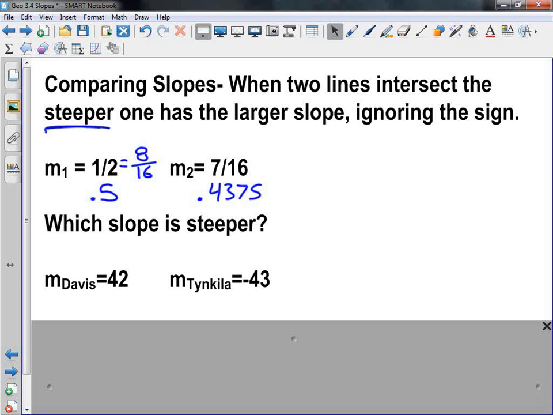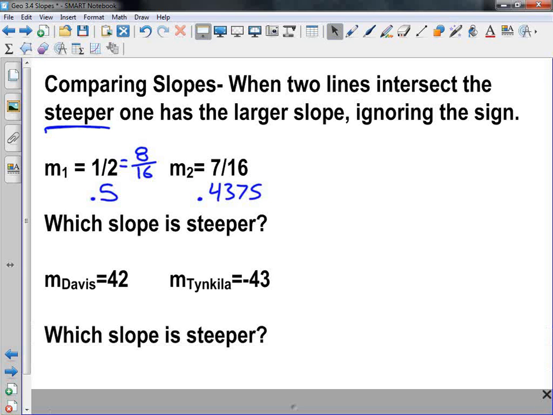Which one is steeper? Yeah, the Tinkla slope, right? He goes negative 43. We just look at the 43 part when we compare steepness. So his negative 43 has a larger, it's called a magnitude. Magnitude means I don't care positive or negative. So his is a little bit bigger. Even though mine's positive, his is bigger.